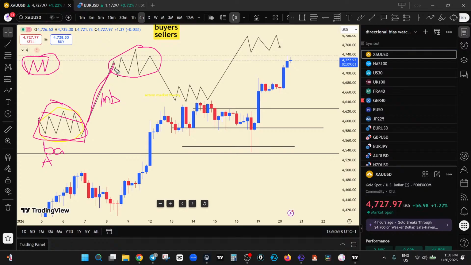And before it does that, it has to consolidate. So this area here, we call it balance, we call it acceptance, we call it fair price. All right? Simple as that.